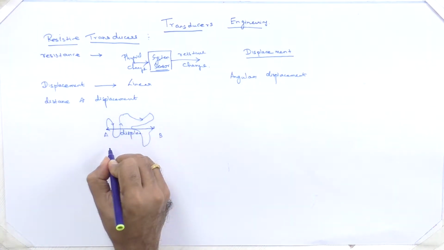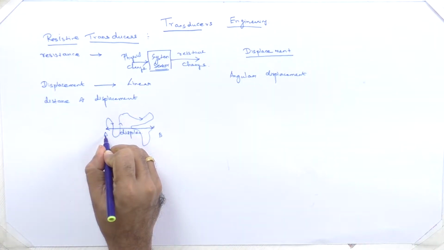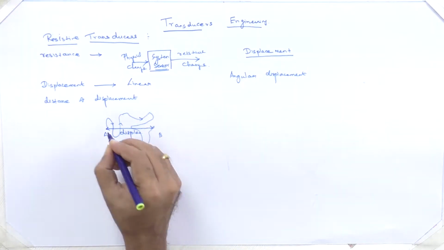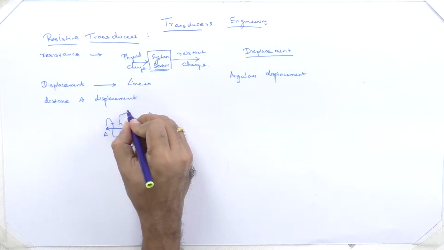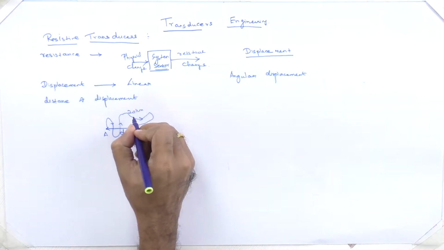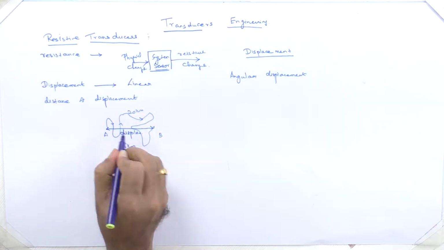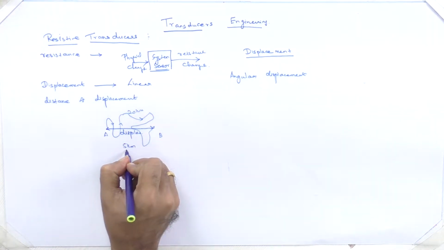If the distance between A and B is 5 kilometers, but this route takes 20 kilometers, the distance can be told as 20 kilometers, but the displacement that has occurred is only 5 kilometers.